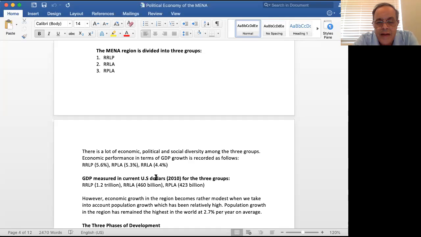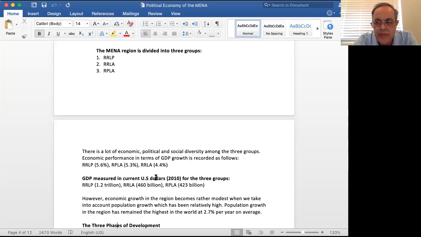So economic growth in the region becomes rather modest when we take into account population growth. Why? Because when we take into account population growth, we see that growth, or GDP per capita, is rather small compared to other countries.